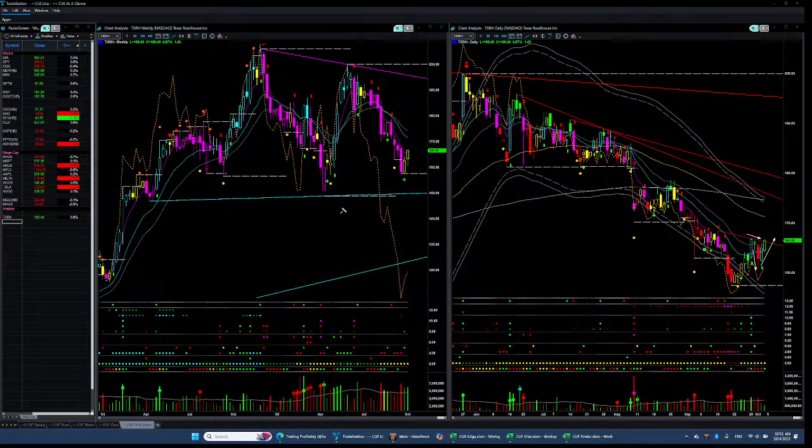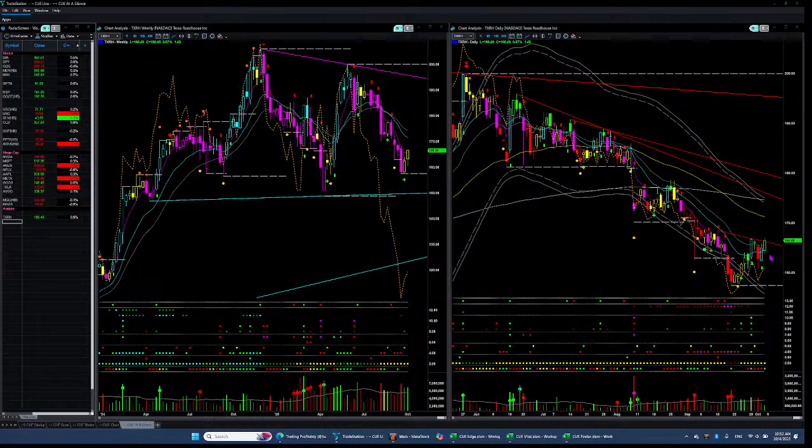In the daily it is moving in a downtrend, but weekly is actually inside a box, sideways range, and it is just starting to go up from a triple bottom. That is a point where I would like to buy. So that way Texas Roadhouse is allowing me to buy.